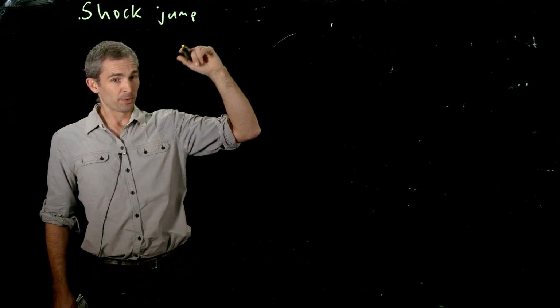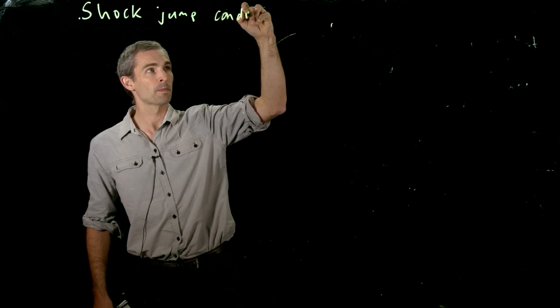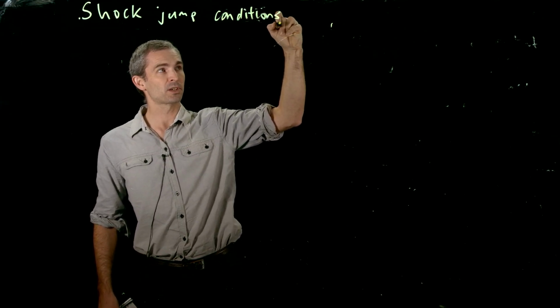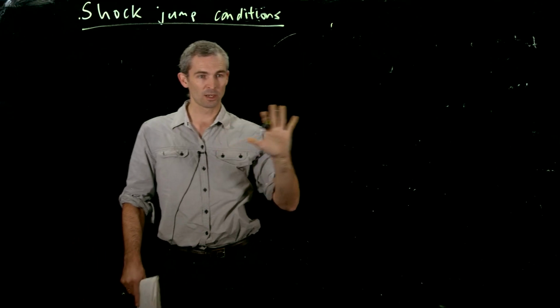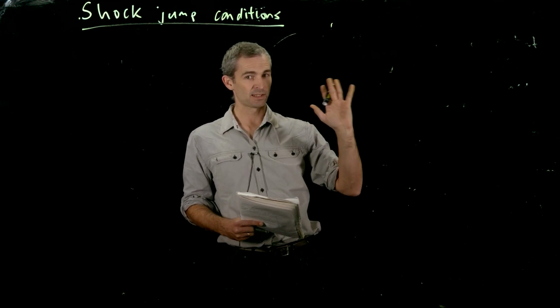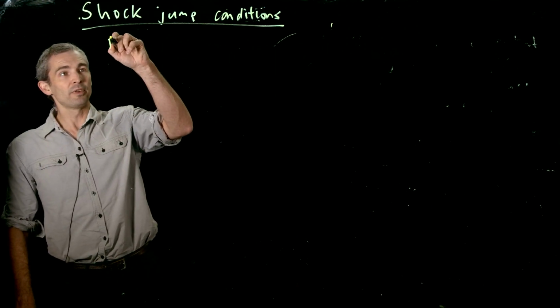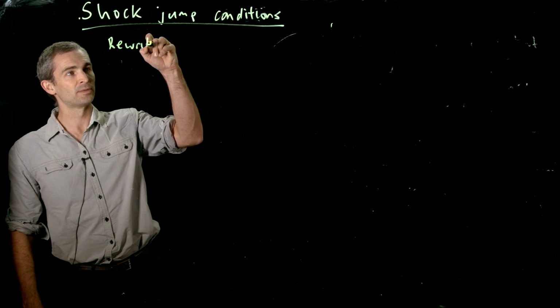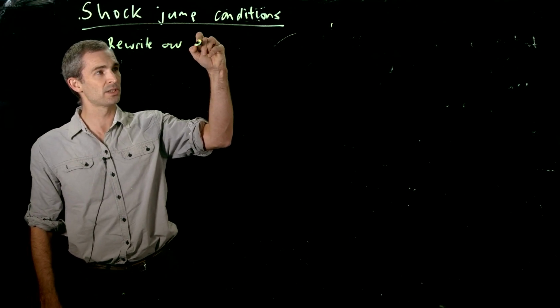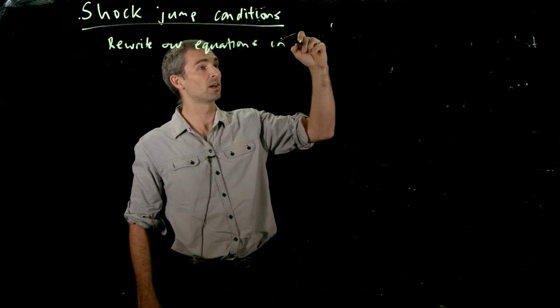Those physical principles are more general than just a set of differential equations. So when we're thinking about what happens across the shock front, we can go back to our original principles. If you remember what they are, that's conservation of mass, conservation of momentum, and conservation of energy. So the first step is to rewrite our equations in what's called conservation form.